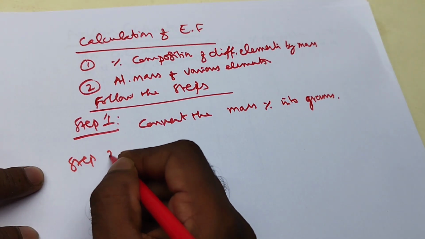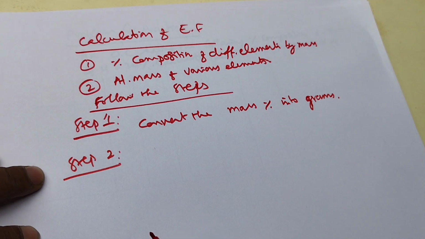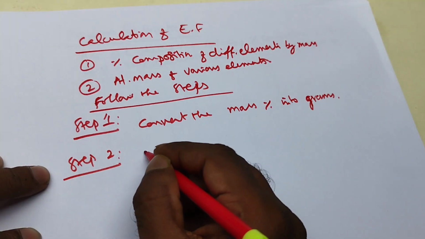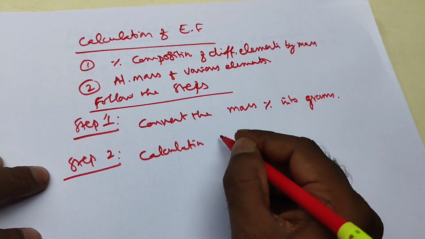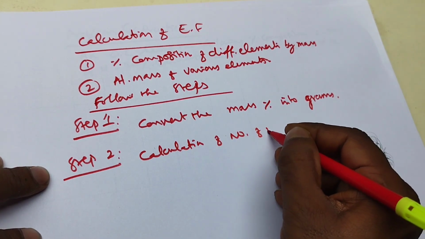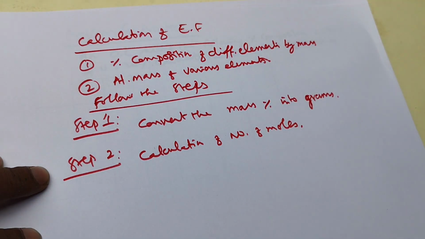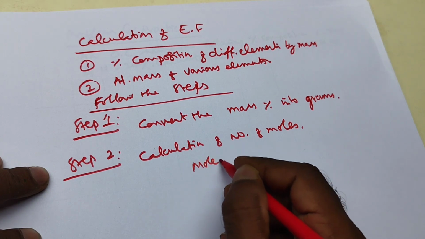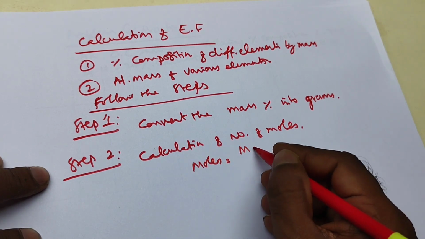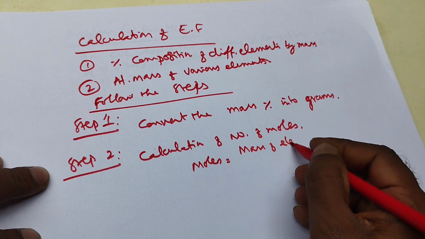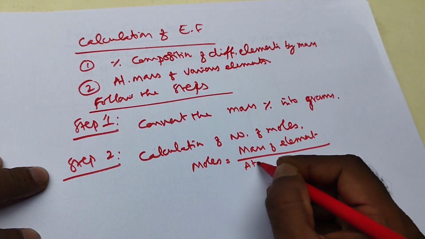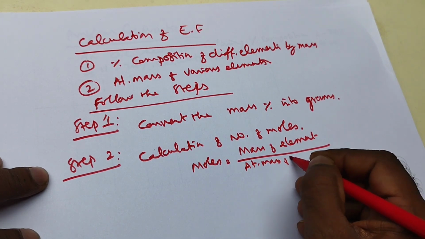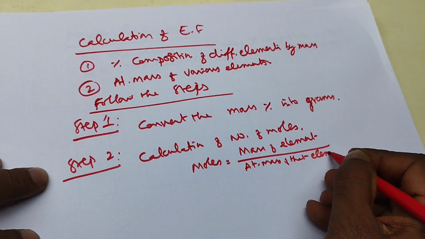Step 2 is to calculate the number of moles. How can you calculate the number of moles? Moles is equal to mass of element divided by atomic mass of that element.